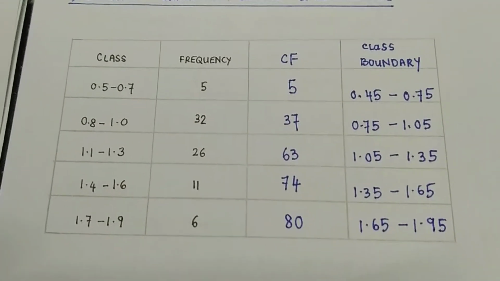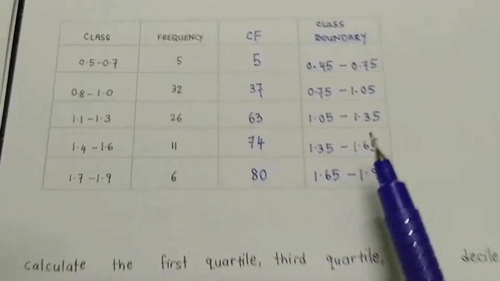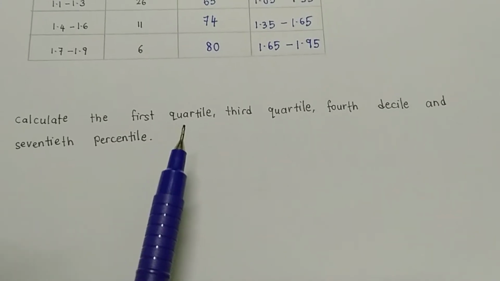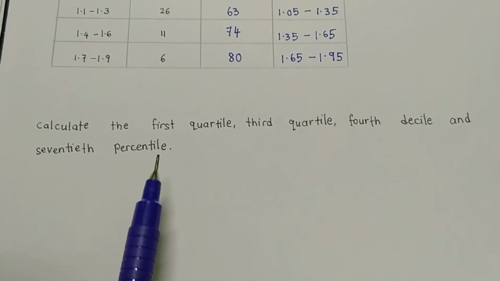Okay, so our table is complete now. So now we can compute the first quartile, third quartile, fourth decile, and 70th percentile.